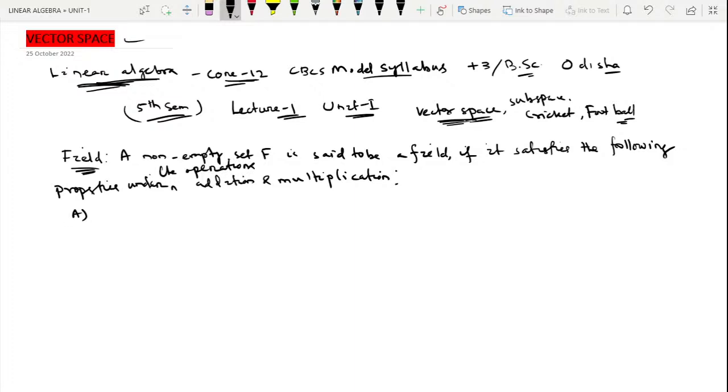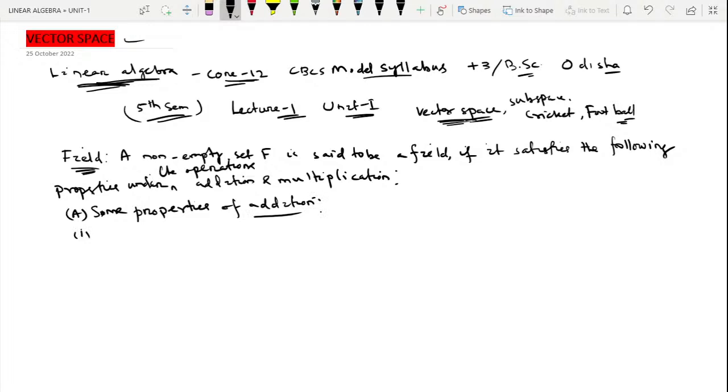What are those properties? First I will write some properties of addition.